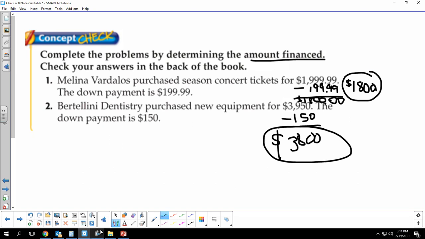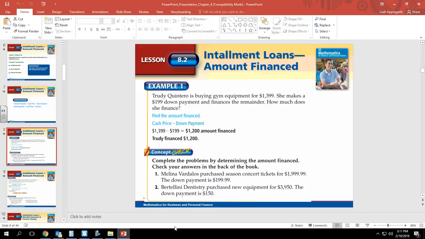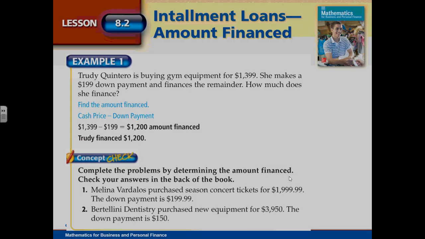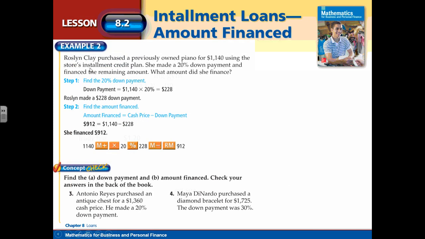I know this seems really easy, but when we go back to our presentation, let me show you how this might get more difficult. If I'm asked for the down payment as a percentage, like Rosalind Clay purchased a previously owned piano at $1,140 using the store's installment credit plan. She made a 20% down payment and financed the remainder. What amount did she finance?